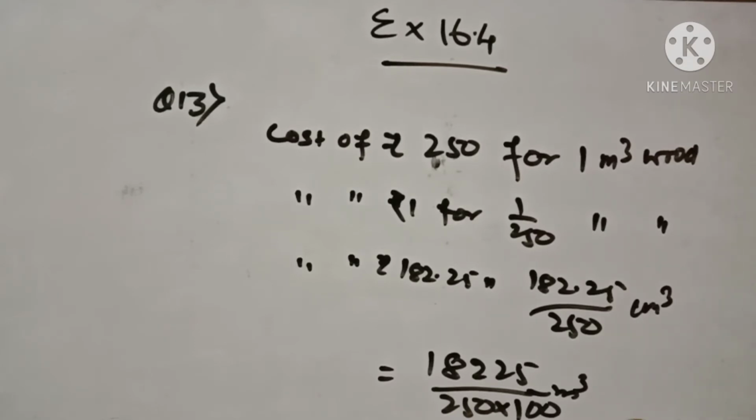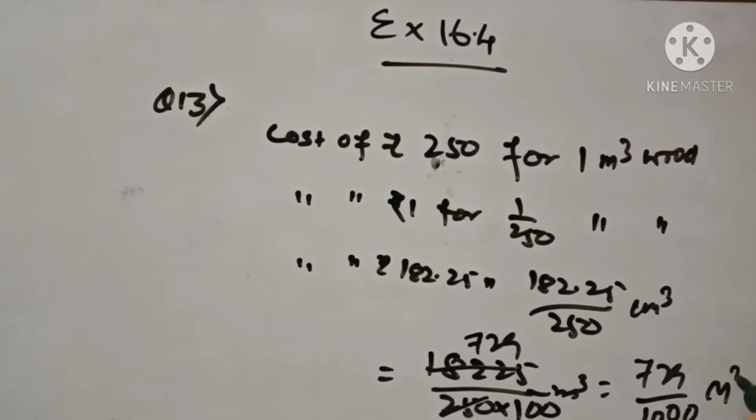It will go by 25 table, 25 times 729 is 18225 and 250 into 100 is 25000, so it will come 729 by 1000 cubic meter.